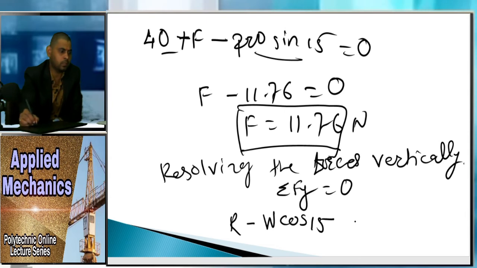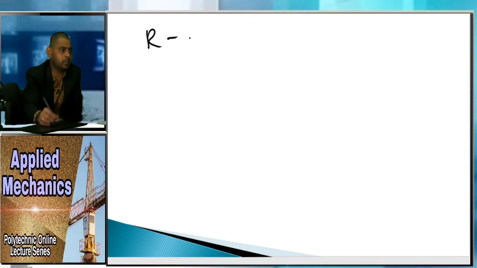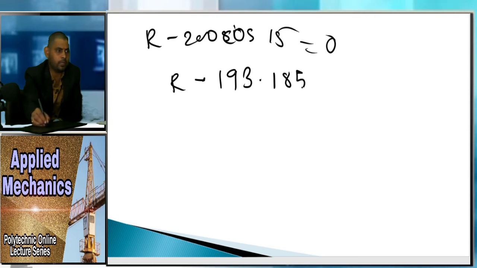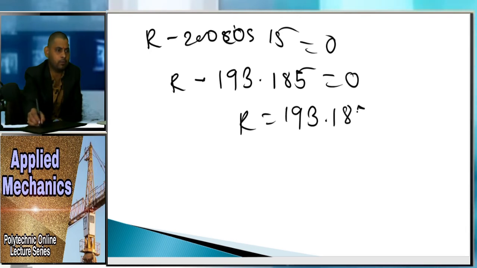Okay, only these two forces are in the vertical direction. So here R minus 200 cos of 15 is equal to 0. So R minus the value of this, which is nothing but 193.185, is equal to 0. So R is nothing but 193.185, right?